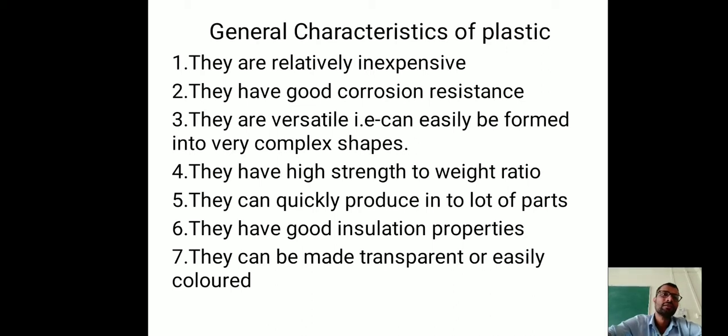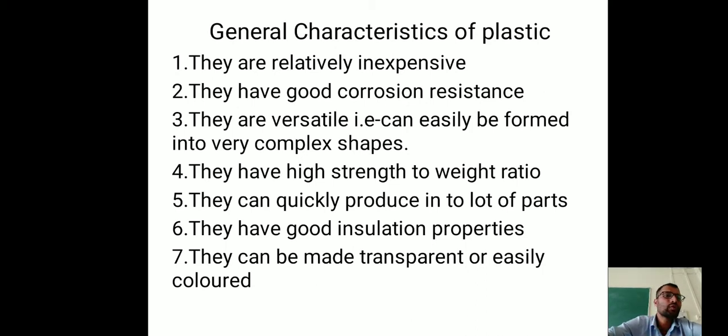Correct? So plastic is available at less cost. Second, it has good corrosion resistance. They are versatile, means we can manufacture complex shapes with the help of plastic material. Plastic material has high strength at less weight.